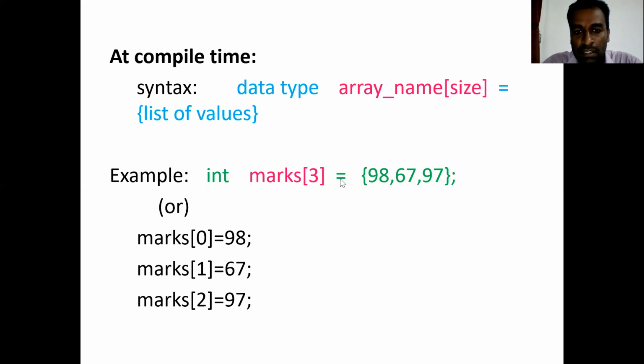So for marks, we declare 3 elements: 98, 67, and 97. Here 98 is stored at index 0, 67 at index 1, and 97 at index 2. So in total we have 3 indexes and 3 elements. That is compile time initialization, giving the values directly in your program.